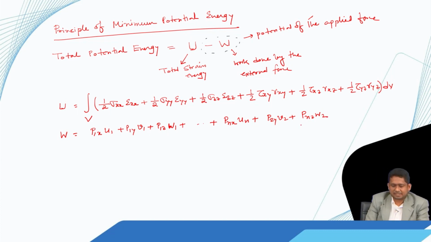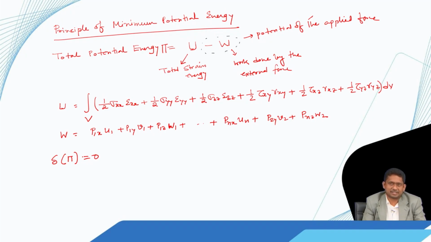The total potential energy we generally denote as capital pi, and the principle says that the variation of capital pi should be 0. If it is 0, it indicates that the body is in equilibrium.